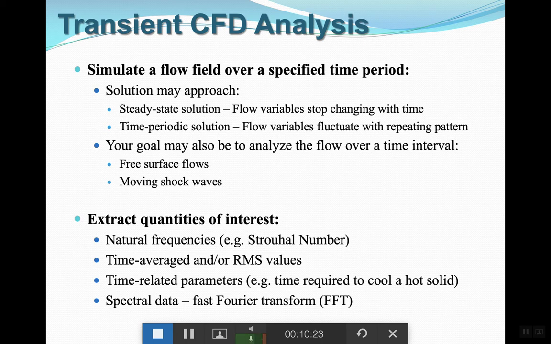Why? Because the turbine itself has reached the steady state optimum velocity. As a result, your velocity at the exit is not changing by time anymore. That's what we mean by your solution will approach a steady state.